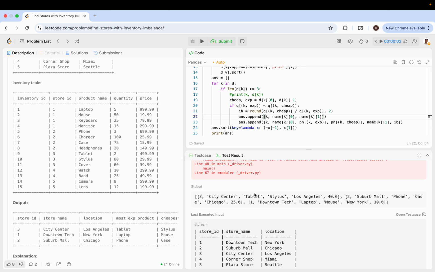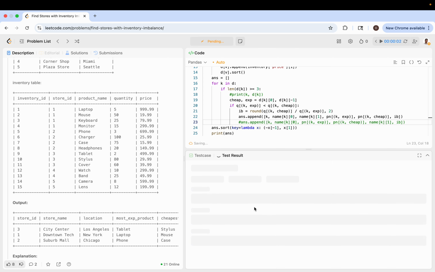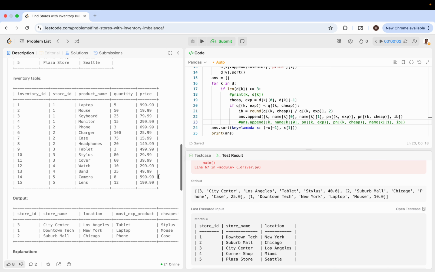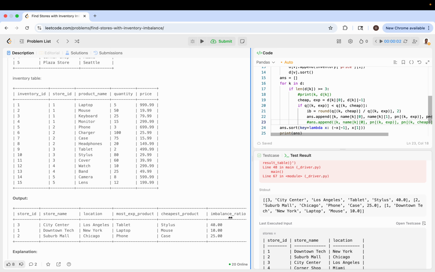And then after this, we can do these two. And then we can do the imbalance. Right? Okay, cool. So now they're at least gathered together. 2 Summer Mall, Chicago, phone case 25.